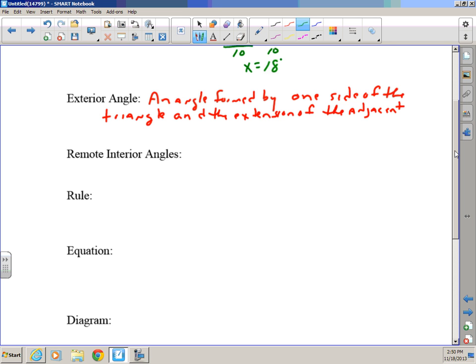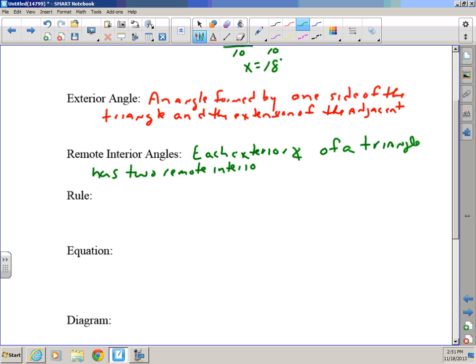Now, remote interior angles are in relation to the exterior angle. And what it means is each exterior angle of a triangle has two remote interior angles that are not adjacent to it.